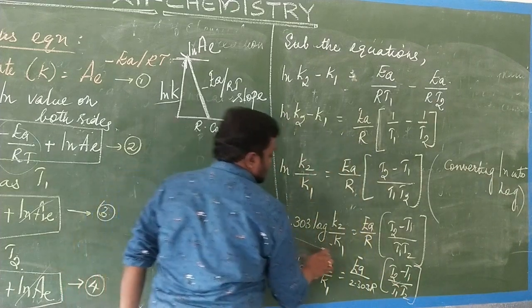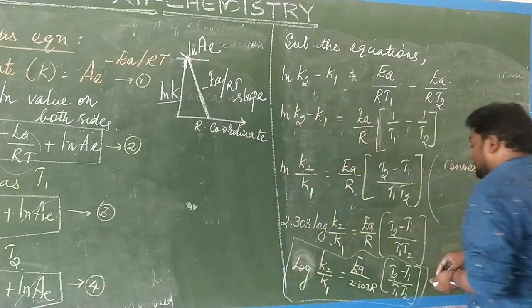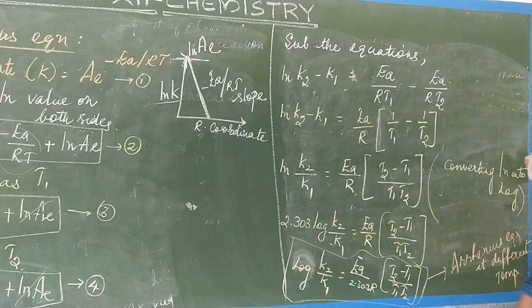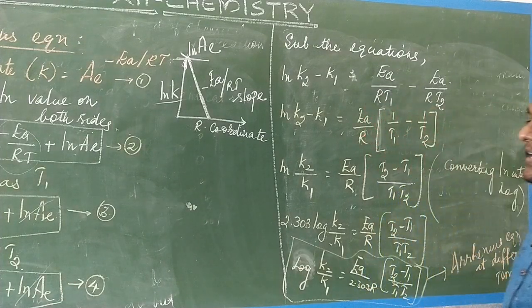This is called the overall Arrhenius equation at different temperatures. This is called the Arrhenius equation, derived using K value, R value, activation energy, Arrhenius factor, frequency factor.